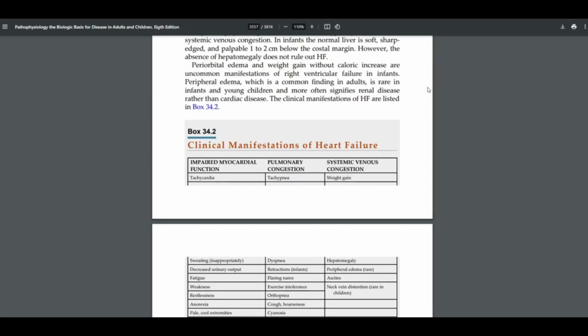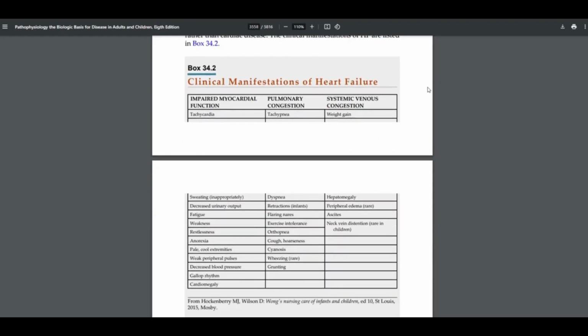If due to our heart failure we have a decreased urine output, our pulmonary sign shows retractions, and systemically it may show peripheral edema, which is extremely rare. If, however, our cardiac symptom is fatigue, we may see some nasal flaring in our pulmonary aspect, and systemically overall ascites.